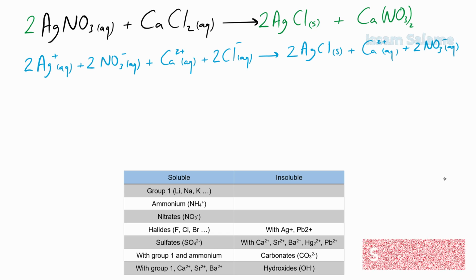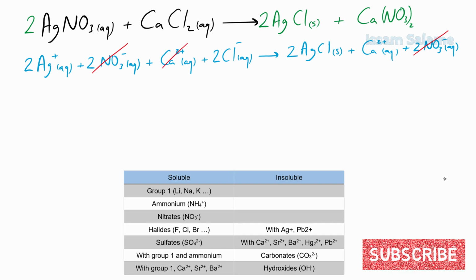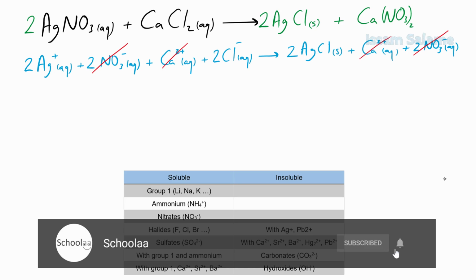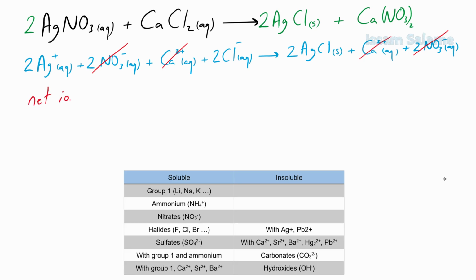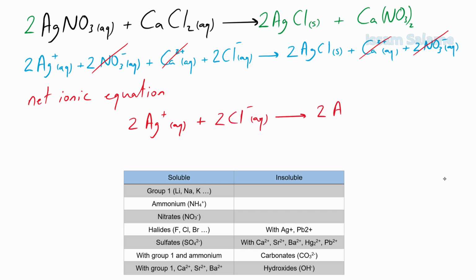Then we cancel the common ions between the reactants and the products, nitrate and calcium. Then the net ionic equation is going to be 2 silver ions plus 2 chloride ions to give 2 moles of silver chloride in solid state.